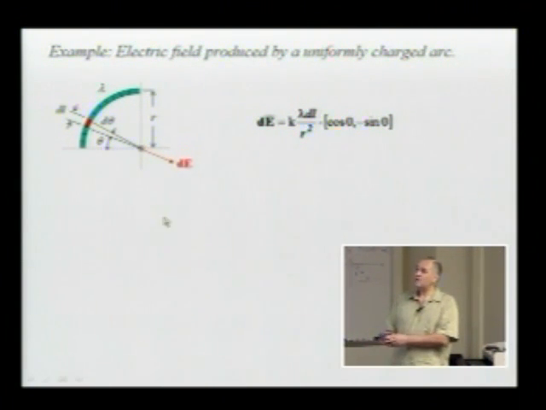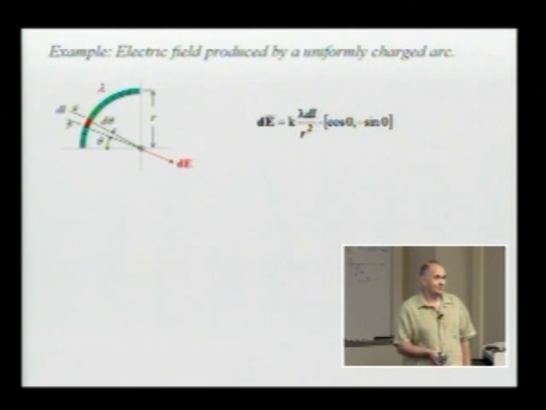Now note that this point is a particular point. It is the center of curvature, because this arc is a part of a circle. I selected a point which is at the center of this circle, so the distance doesn't change here. And my question is, is the differential electric field vector dependent on the segment or not? Talk to each other.